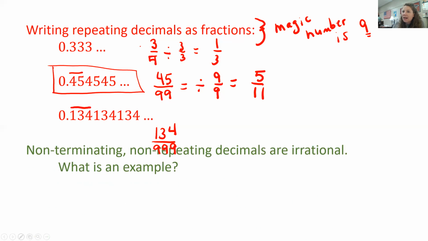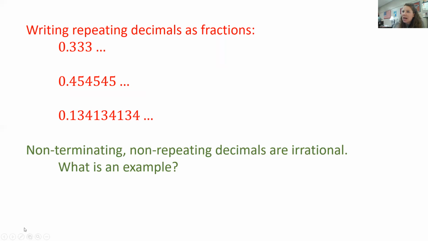Okay. So look at the next statement. Non-terminating, non-repeating decimals are rational. What is an example? Well, we could make up numbers, couldn't we? 0.246752... moving on and on and on forever in no particular pattern.